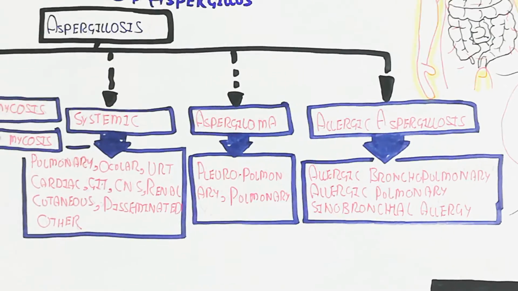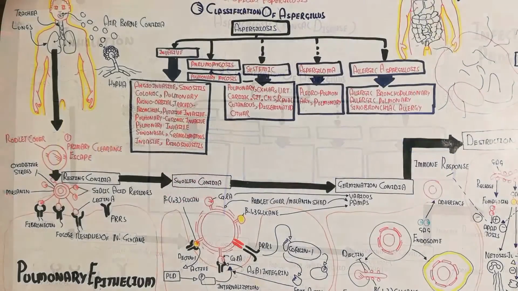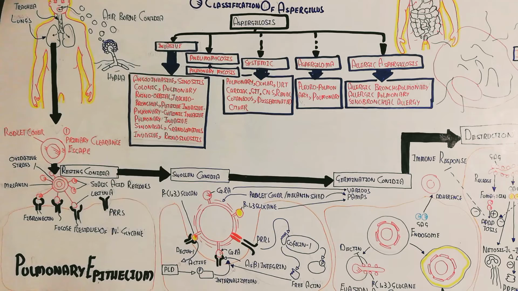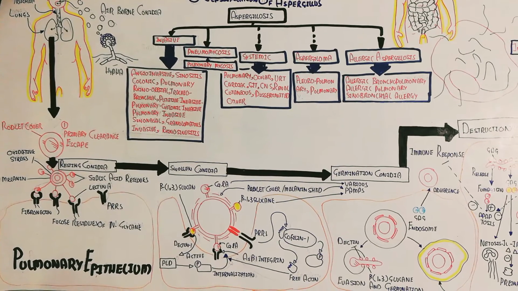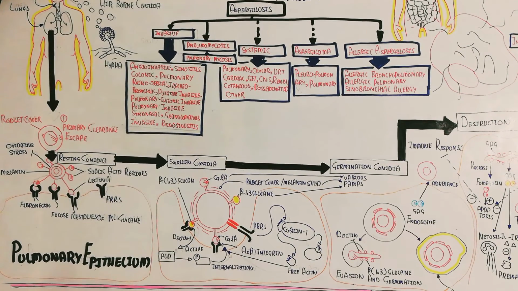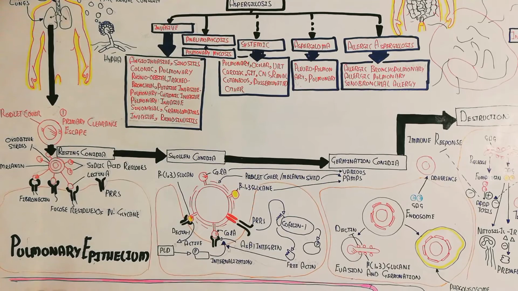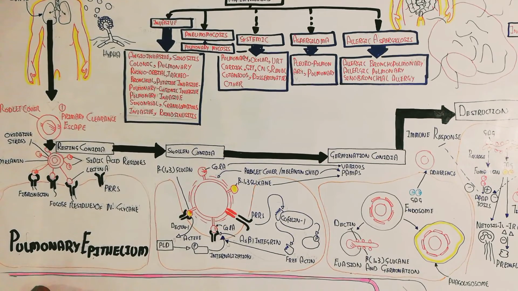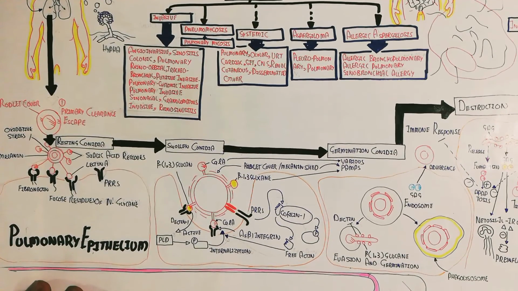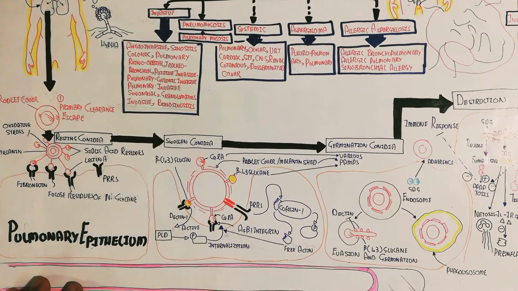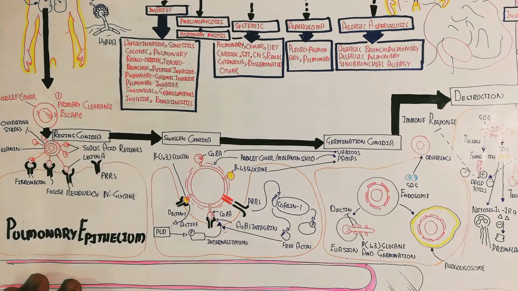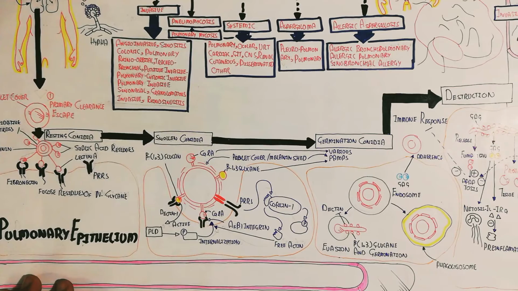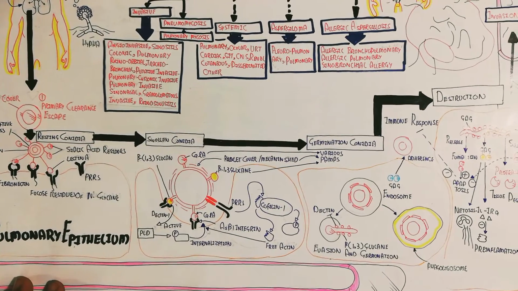So aspergillosis progresses to cause several types of tissue damage, and the damage of the tissue will lead to severe infection. This severe infection is due to the fungus Aspergillus, through inhalation of the spores. So I hope you make sense about these things.